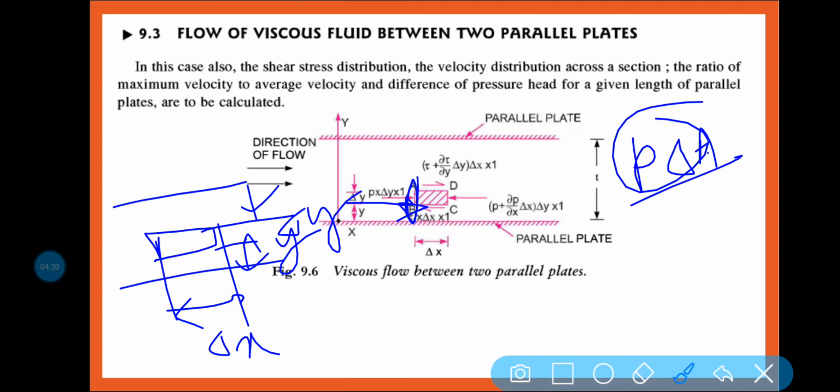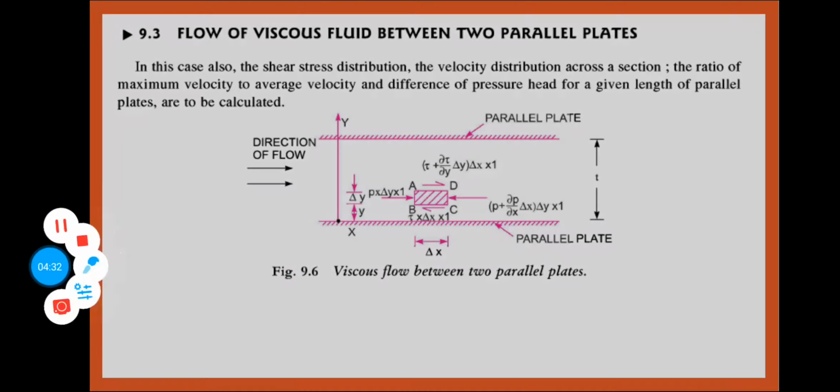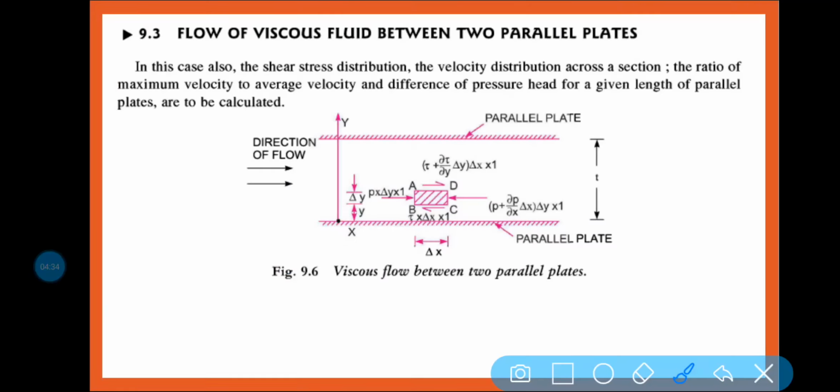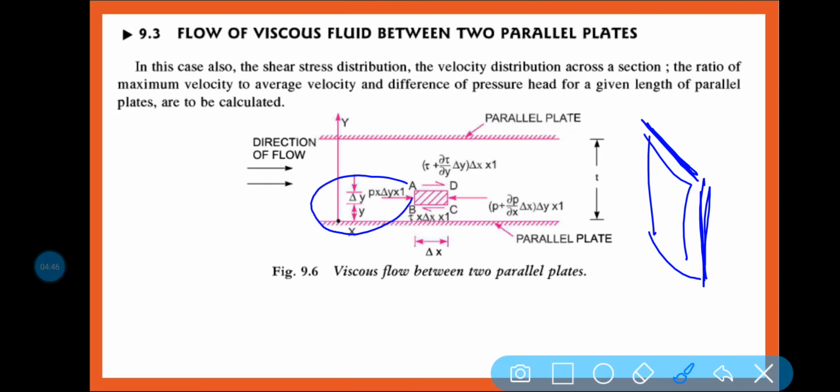So this is delta y and the other dimension is 1, I am assuming. So P into delta y into 1 is the pressure force on the face AB.